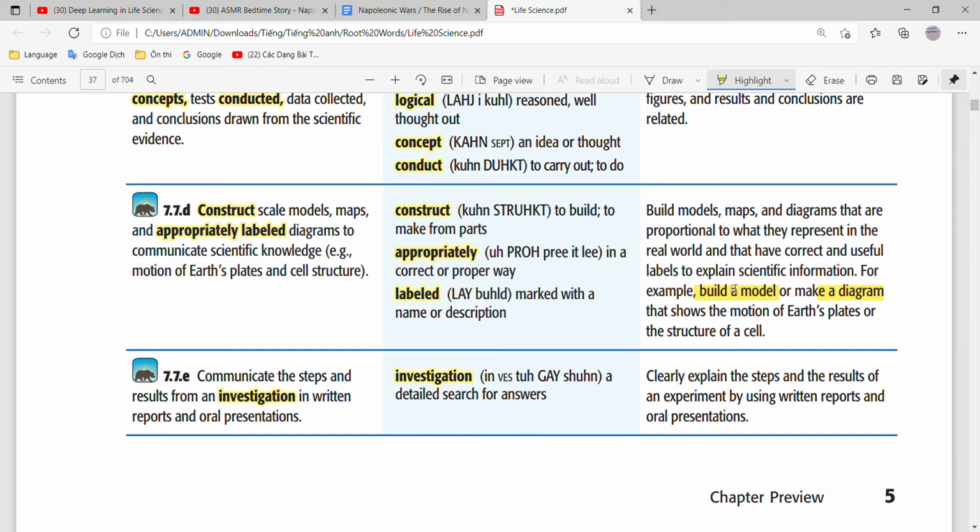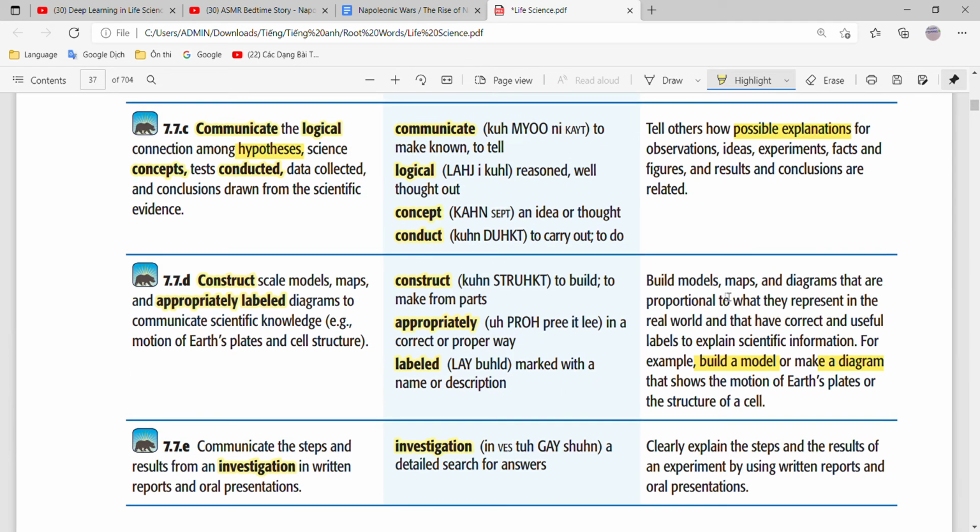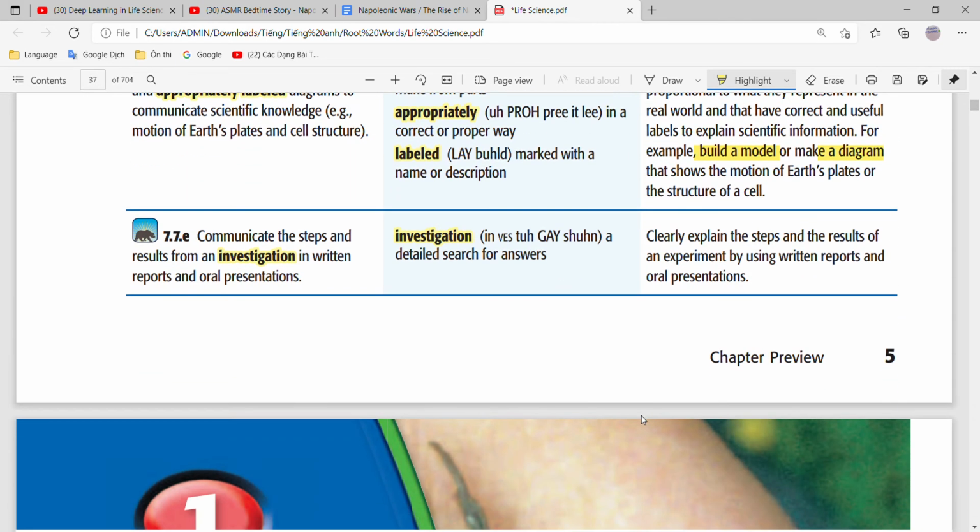Or you draw a diagram or a map about what you have taught or explained before, so that you show the logical connection among science concepts and tests conducted and data collected. Okay, great.